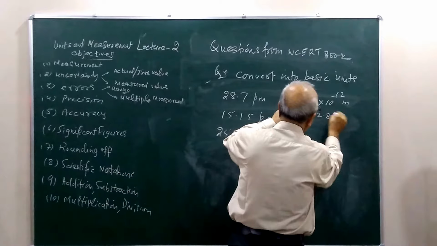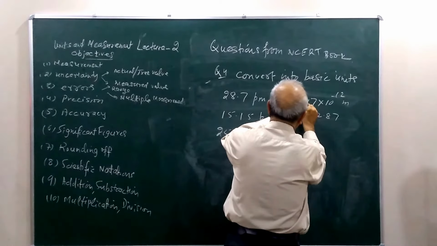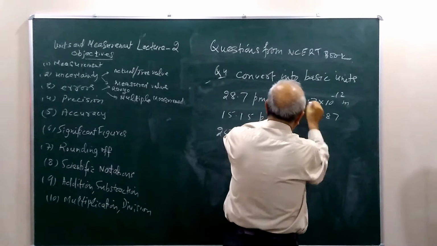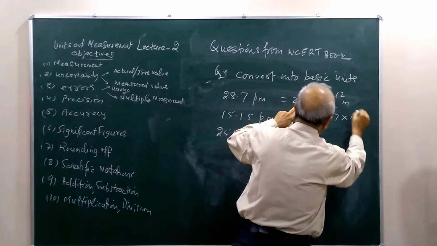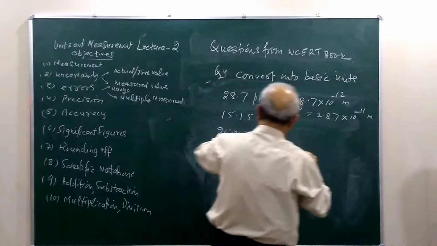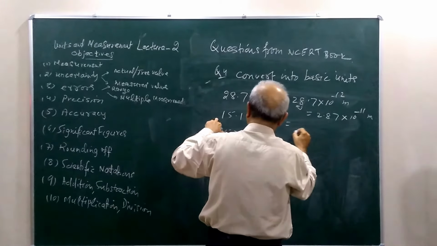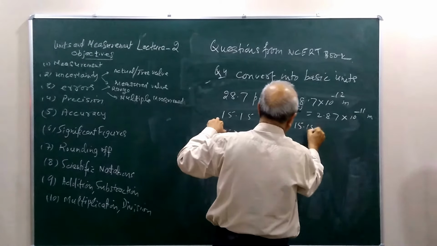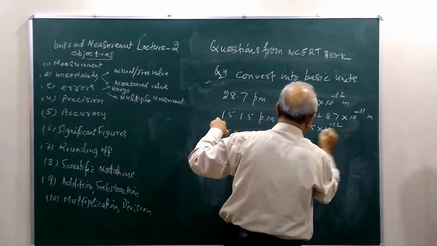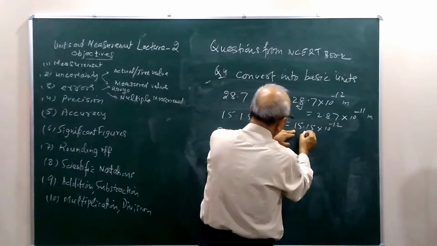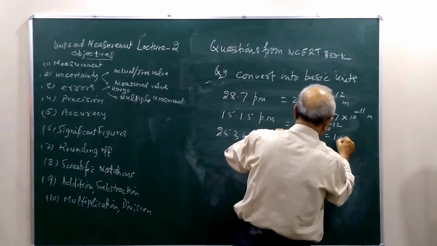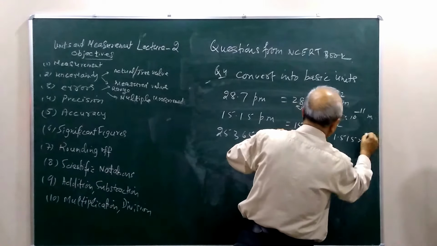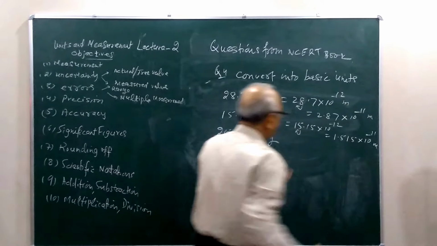This becomes 2.87. What happened is that I have moved from right to left. Therefore it becomes 10 to the minus 11 meter. Now here again, 15.15 into 10 to the minus 10. If I express in scientific notation, I will move 1 digit, which is 1.515 into 10 to the minus 11 meter.